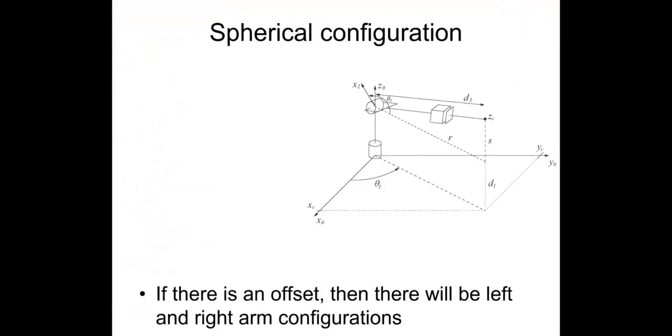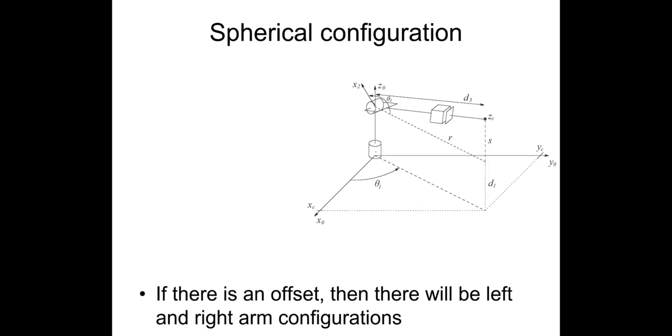Now let's do more practice with another configuration, which is an RRP, and at the end we still add a spherical wrist. So this is still case 1, meaning we have a spherical wrist, and we can use this method to do the analysis. Now we have the spherical wrist center right here.